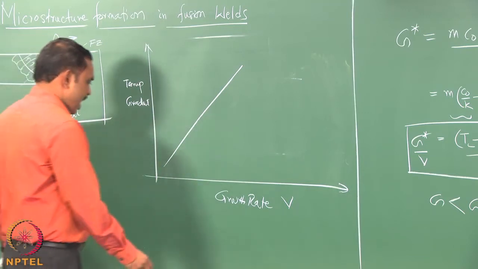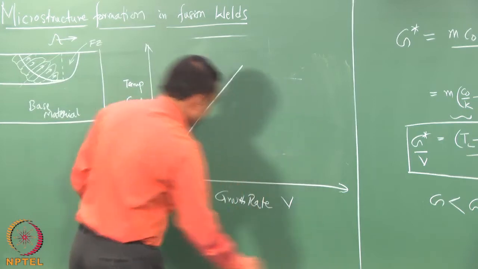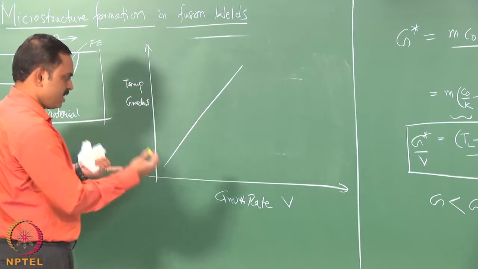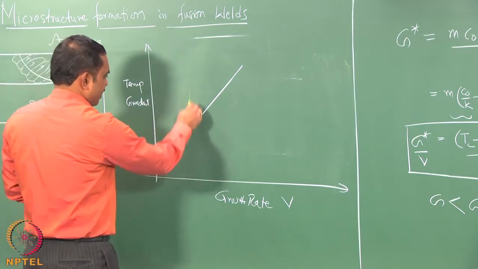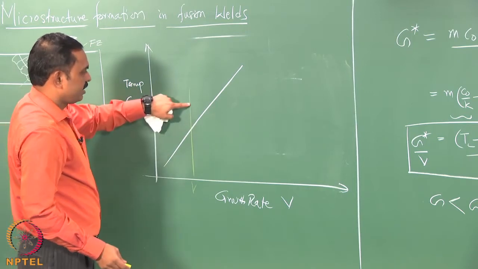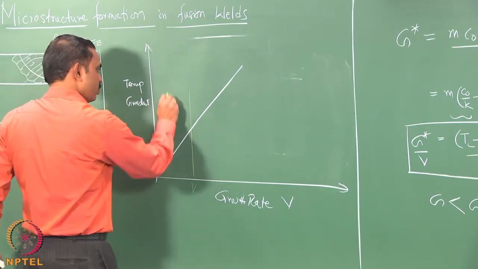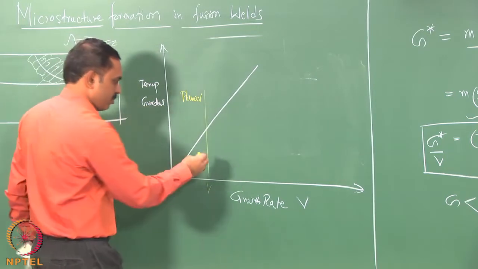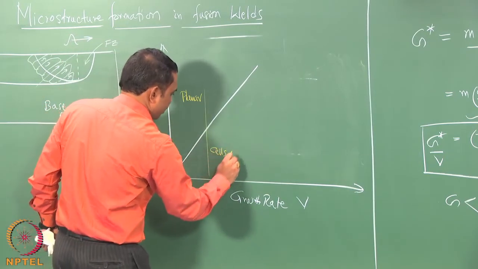If you want to interpret what happens for these two ranges of parameter, look at what is happening at a given velocity, and you would see that when the temperature gradient is high, then you should get planar. So, you would write that here, and when the temperature gradient is low, you are supposed to get cells or dendrites. So, that is what you write here.